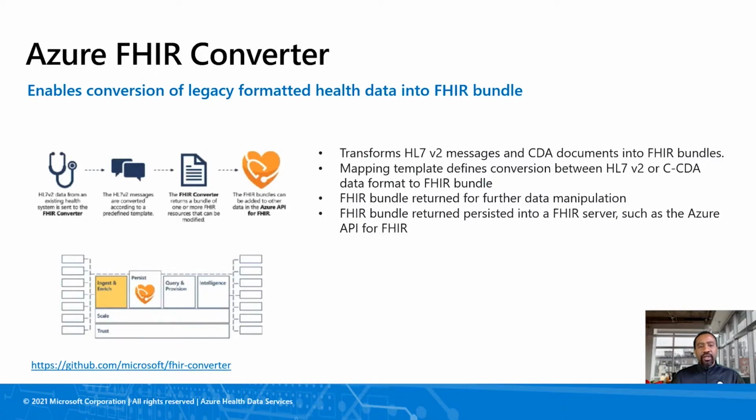This gives you the ability to go ahead and perform any additional data manipulation or any other validation and additional activities that you might want to perform prior to persisting that data in the FHIR store. And then ultimately you could post that data to the API for FHIR store.